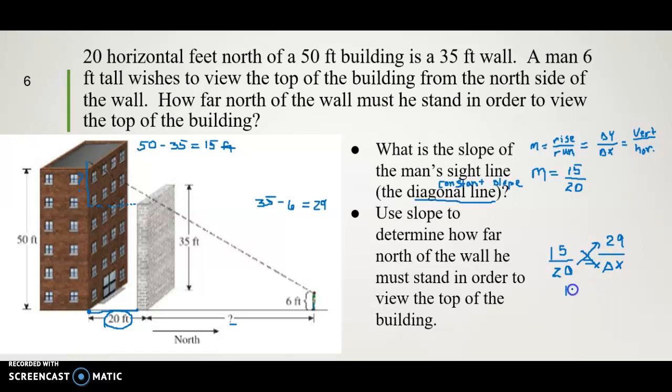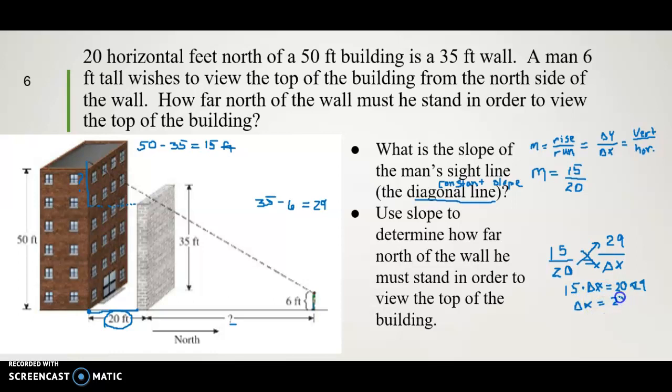And so we have 15 times the change in x, and that's equal to 20 times 29. And a calculator will obviously do that math for us. And then to figure out the change in x, we would just take this and divide by 15 on both sides.